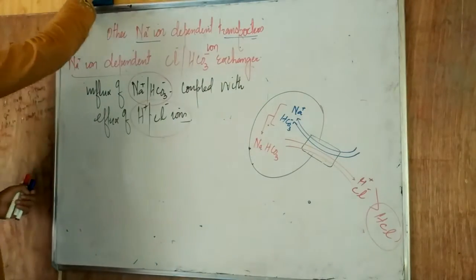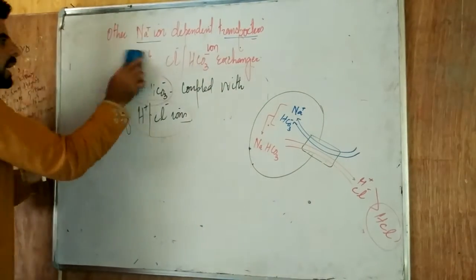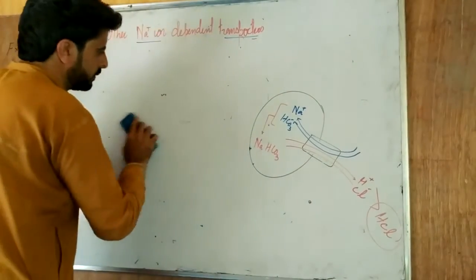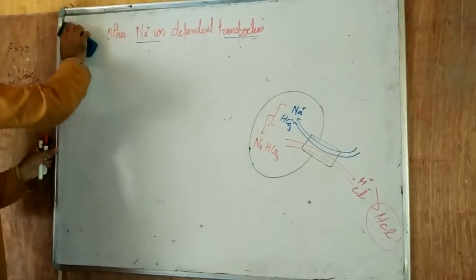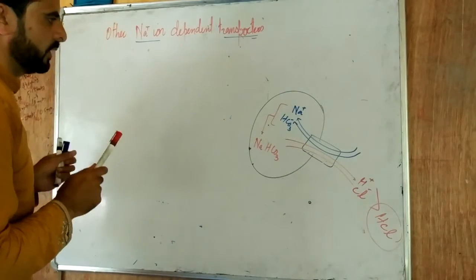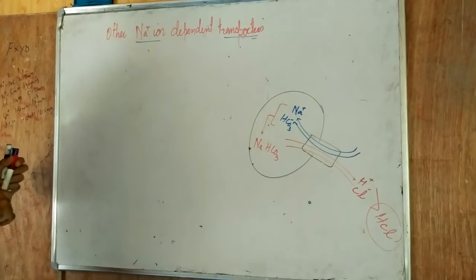Now we have one more case here. In case of RBC, the membrane also has a chlorine and bicarbonate exchanger. It's also a bicarbonate exchange, but that is sodium ion independent.